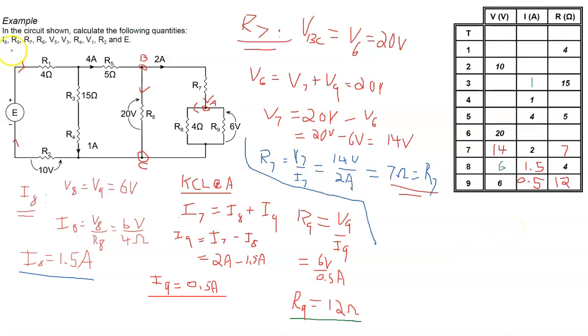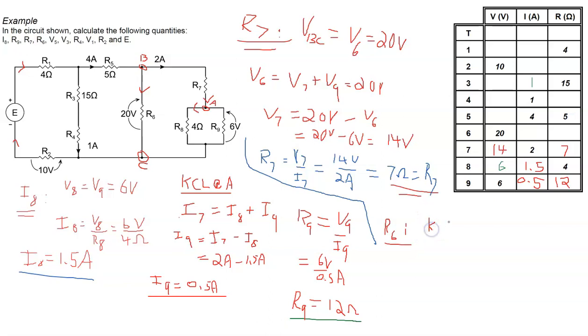So if we think about what we're asked to find next, it's R6. Okay, so R6. Now, we called this here Junction B. And so for R6, let's think about writing KCL at Junction B. Right?